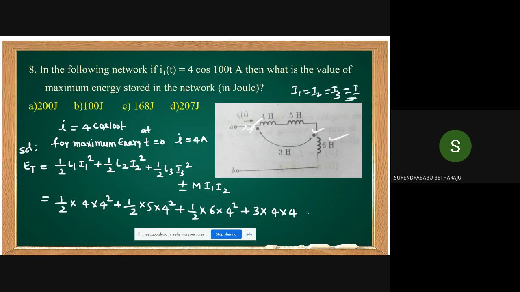Okay, students. Then how much energy are we getting? Respond. What is your answer? Half into 4 square plus half into 5 into 4 square, half into 6 into 4 square plus 3 into 4 into 4. What is your answer, students? Respond.